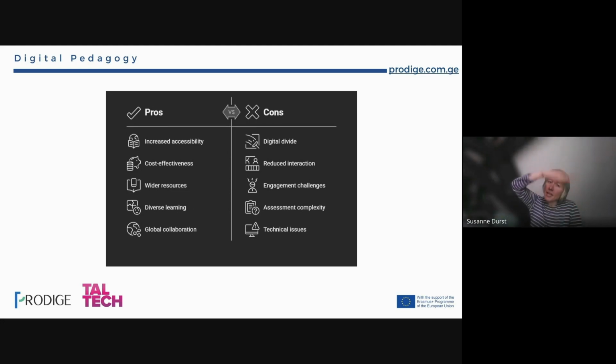Maybe in the beginning the engagement level is kind of high, but then the longer the session takes, the more likely that this engagement level is going down. Assessment complexity could be an issue. Then you have to think about alternatives.